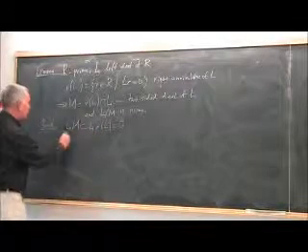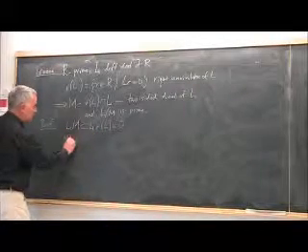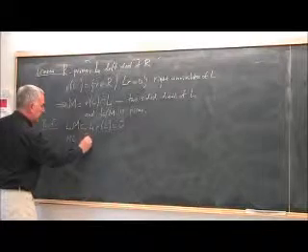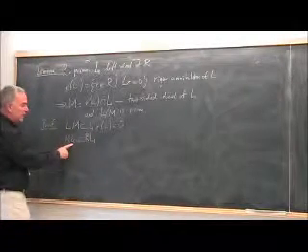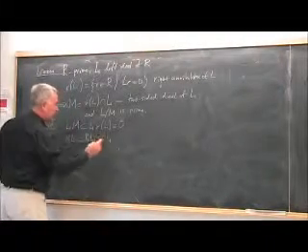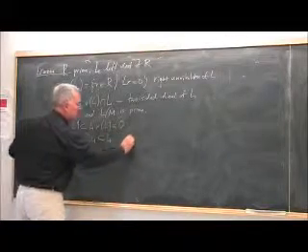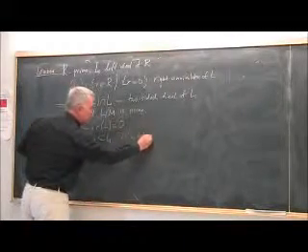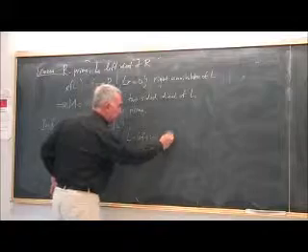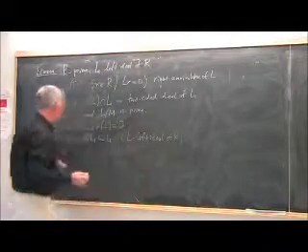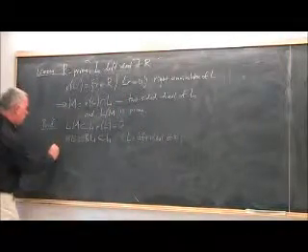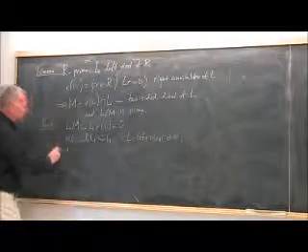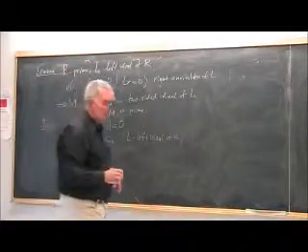If you have ML, this is contained in RL, and since L is a left ideal, this is contained in L. So really M is a two-sided ideal of L. The easiest part.